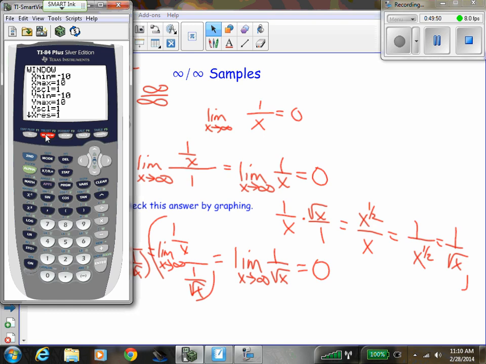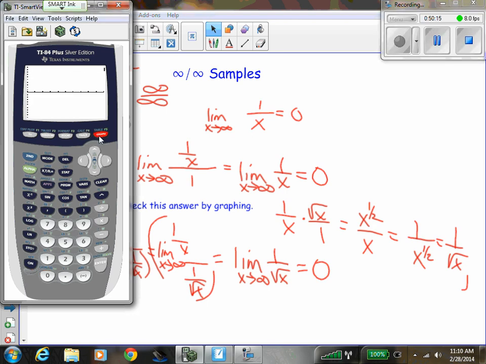If I want to check to see what something's approaching as x approaches infinity, we've done this sometime this year. I'm going to put in for x min 1,000,000, so 10 to the sixth, and then I'm going to put in for x max 10 to the sixth plus 10. Okay, and then I'm going to have it do the graph.